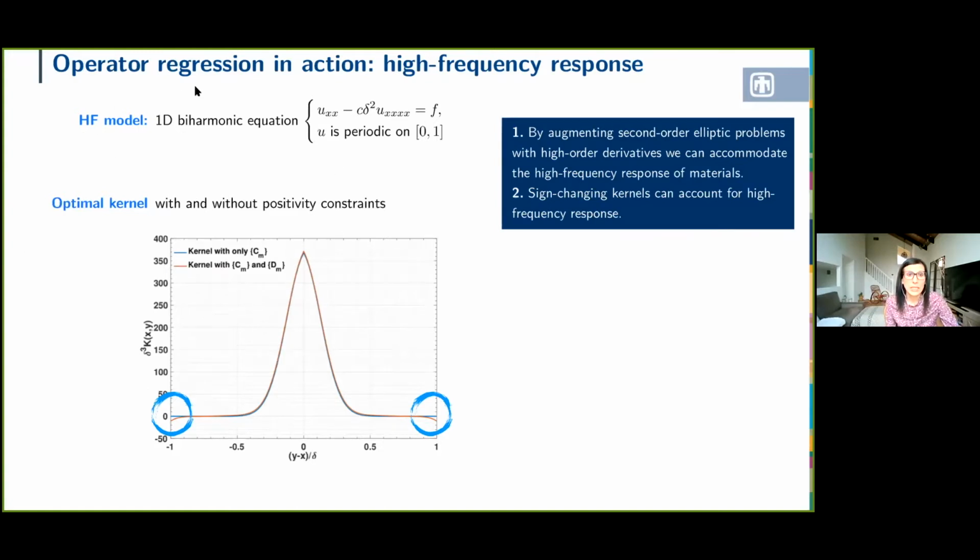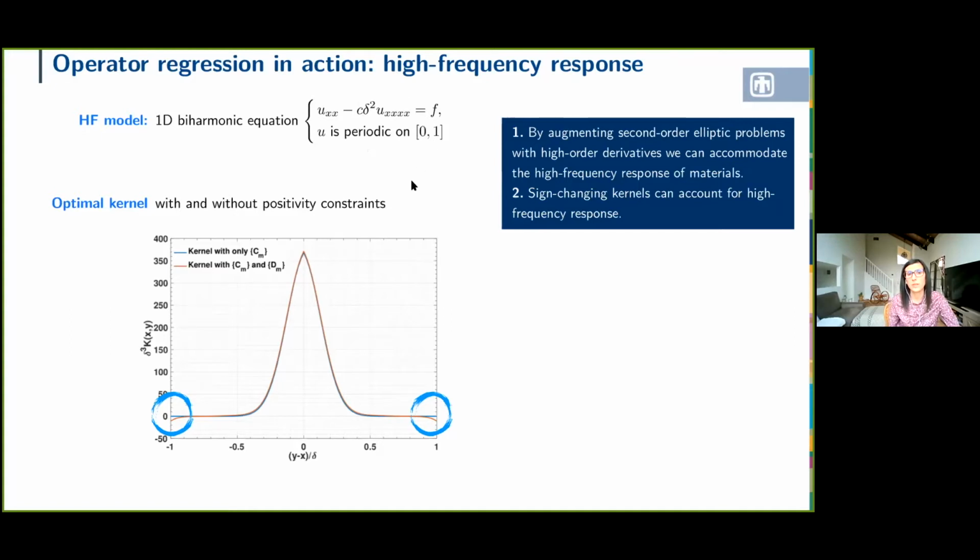In this case, the high-fidelity model is this high-order PDE. It's a PDE that can be used to accommodate high-frequency response of materials. So by adding this fourth-order derivative, we can accommodate for high-frequency response of materials.